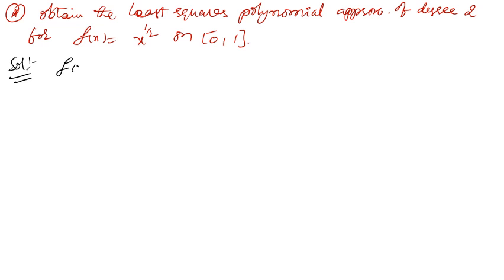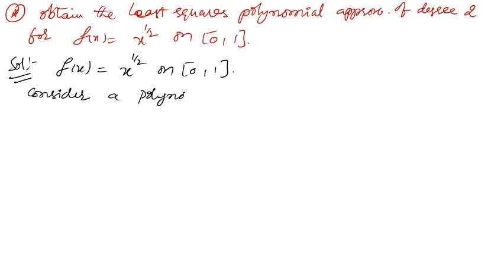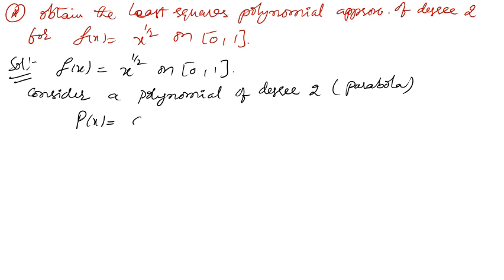What is given? f of x equal to x to the power of 1 by 2 on the interval 0 to 1, so the function is given explicitly. Consider a polynomial of degree 2, simply called a parabola, p of x equal to c0 plus c1 x plus c2 x square.